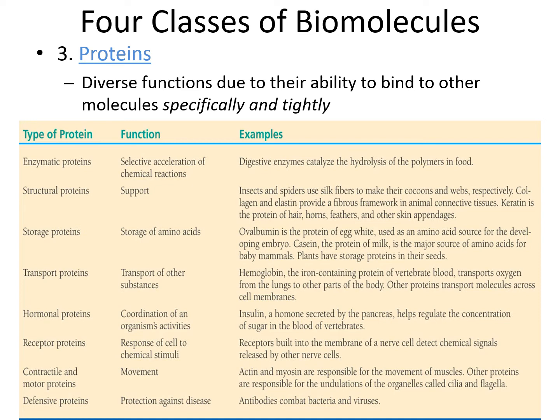And hooray, they are defensive proteins, so antibodies, which our white blood cells produce in response to exposure to a pathogen like a bacteria or a virus. These bind specifically and tightly to the bacteria or virus that they recognize. So exposure really is key to developing these antibodies.